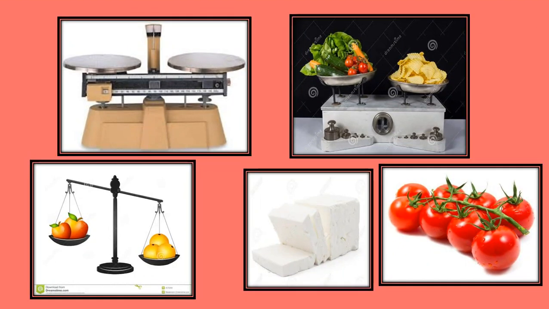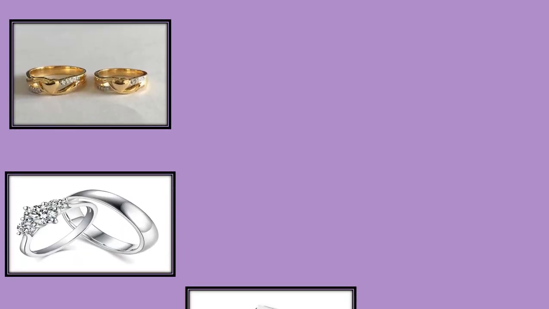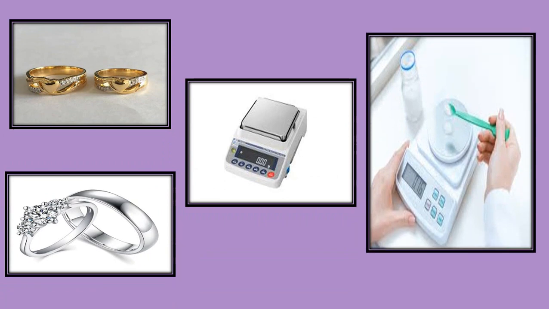These are some shapes of the common balance or two pans balance. The sensitive balance measures very small masses like gold, silver, and chemical substances because we need a very small amount of it in laboratories. I mean these chemical substances.